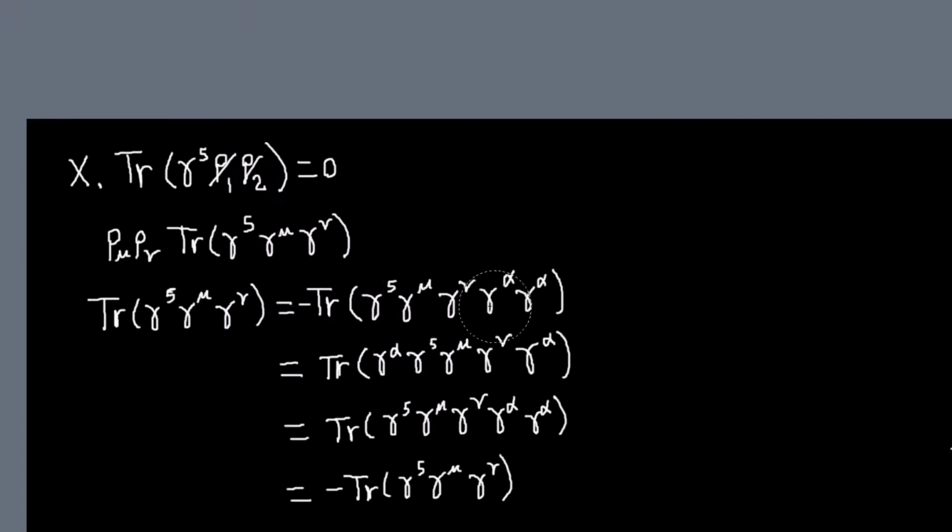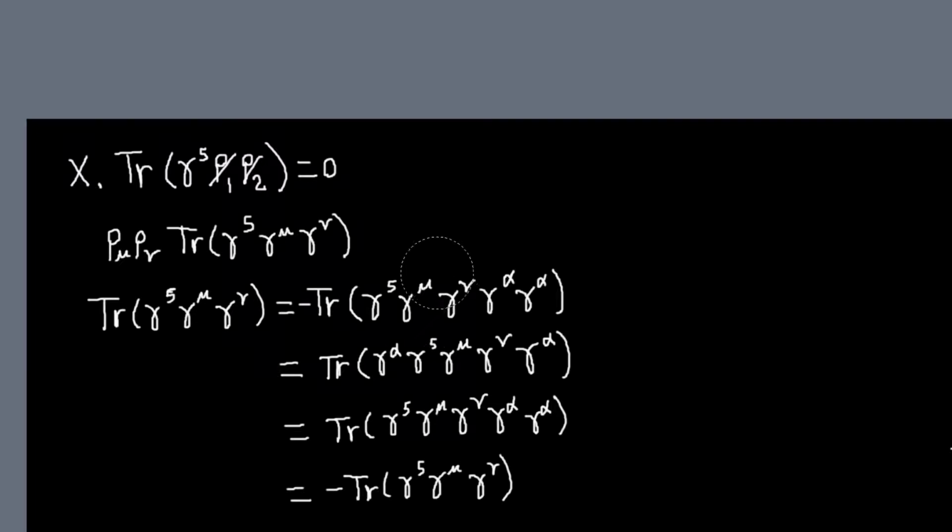I'm assuming that it's one of the spatial ones, technically, because the spatial ones square to -1, so I'm doing minus gamma alpha gamma alpha. So that's the identity.